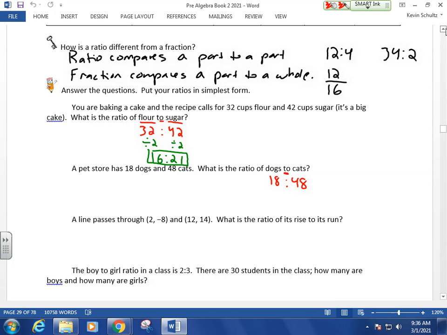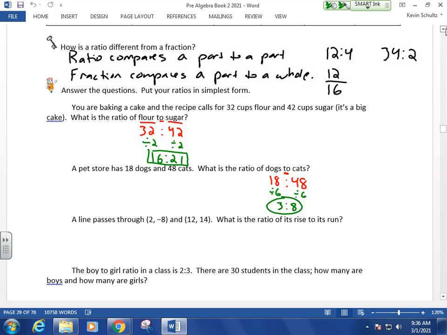What can we divide each of these by to put it in the simplest form here? Greatest common factor of 18 and 48. Divide by 6. And that gives us 3 to 8. Meaning that for every 3 dogs, there are 8 cats.